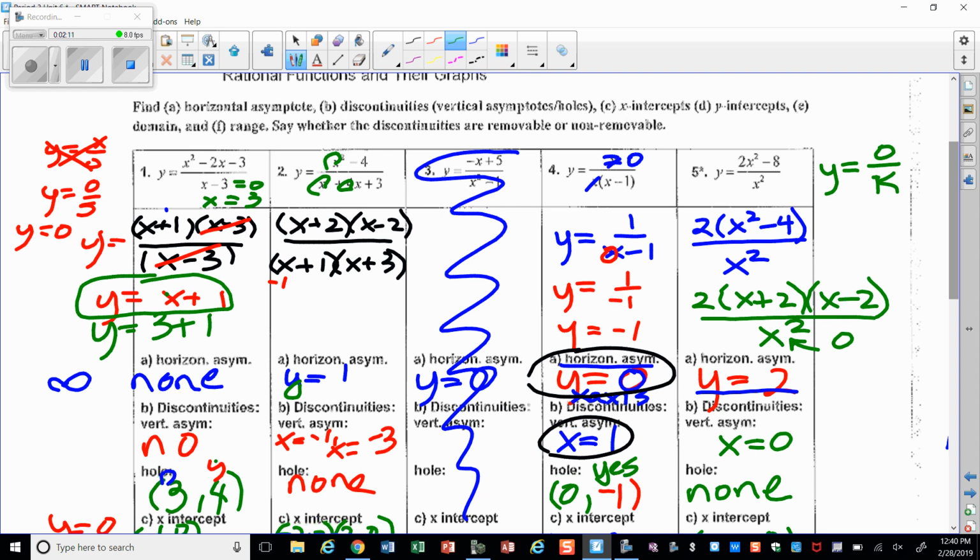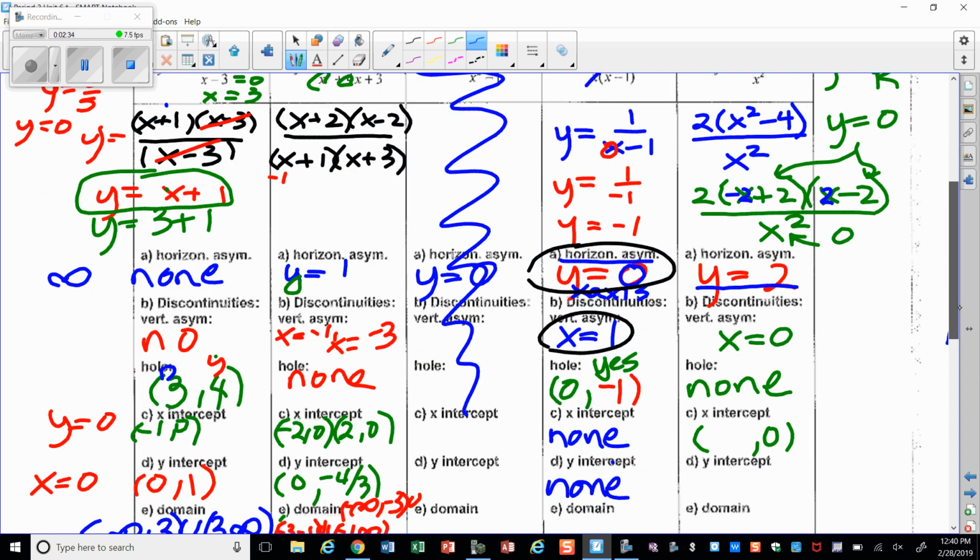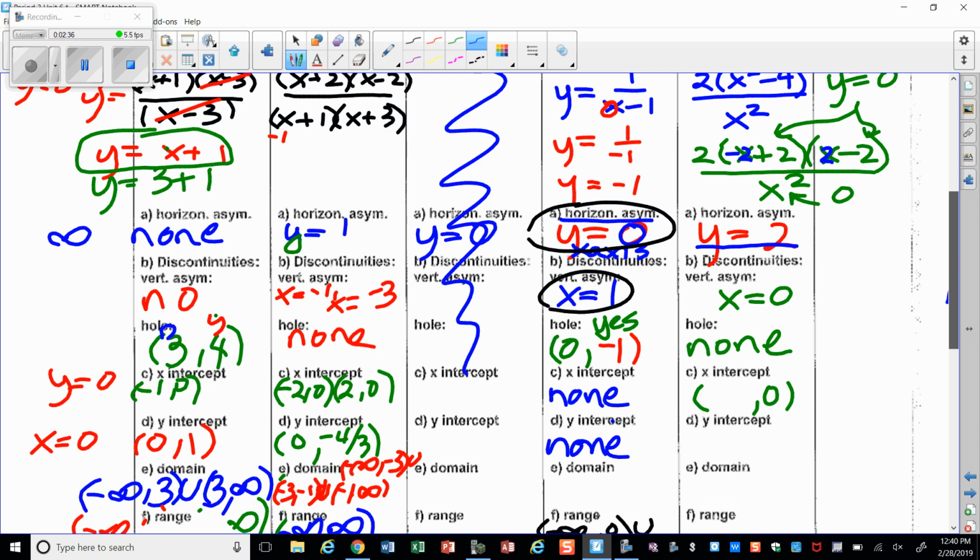That just means that y equals 0. So what value of x is going to make my numerator 0? Looking at these factors in my numerator, if x is negative 2, that would be 0, and if x is positive 2, that would be 0. So those are my 2 x-intercepts, (2, 0) and (negative 2, 0).